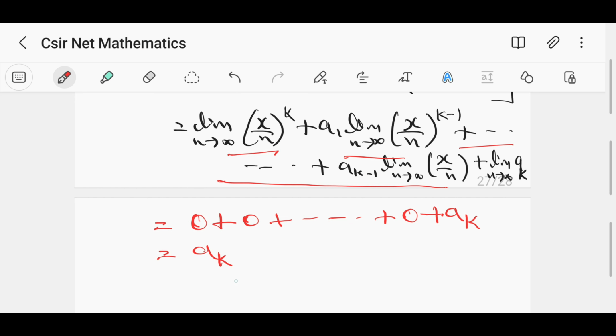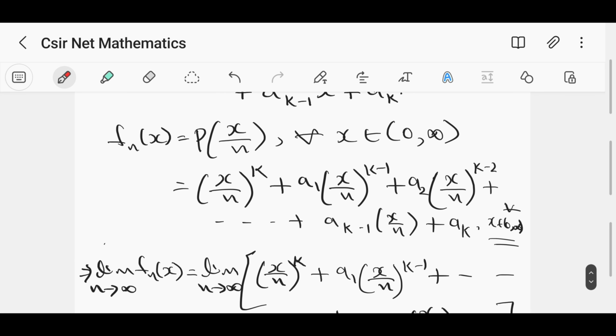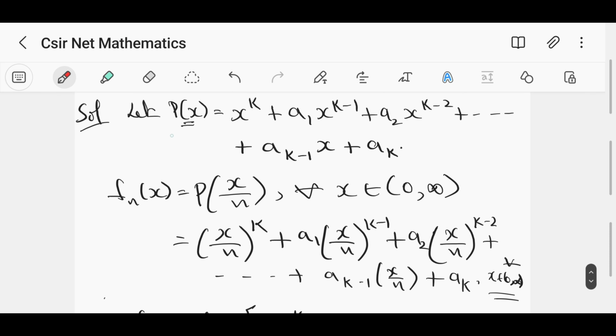Now from our polynomial which we had considered, P(x), if you check P(x) in this starred equation, when you substitute x as 0, all the terms will be 0 except the last term, that is a_k. So P(0) is nothing but a_k.